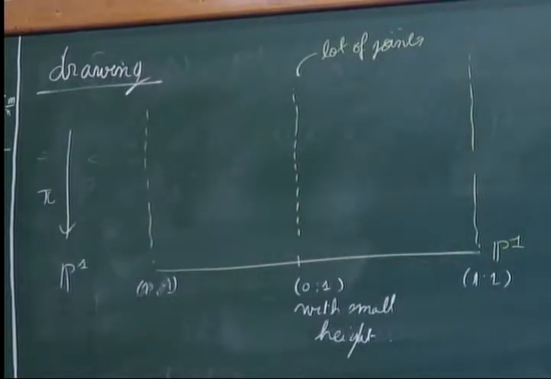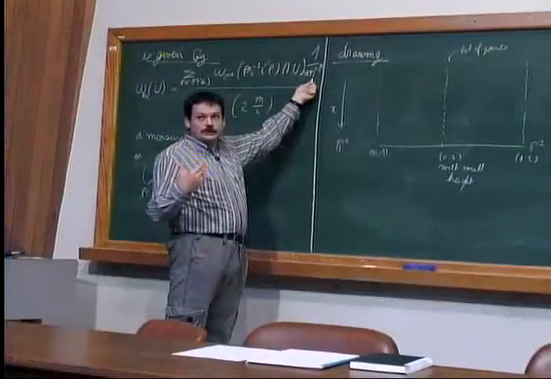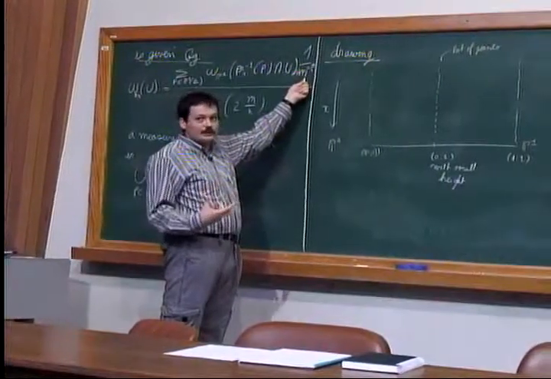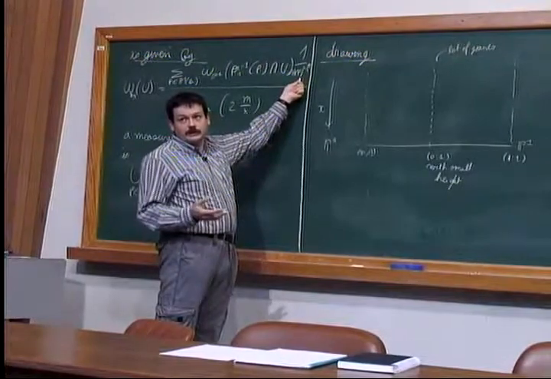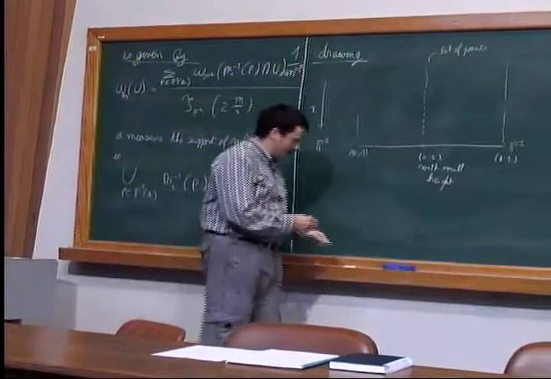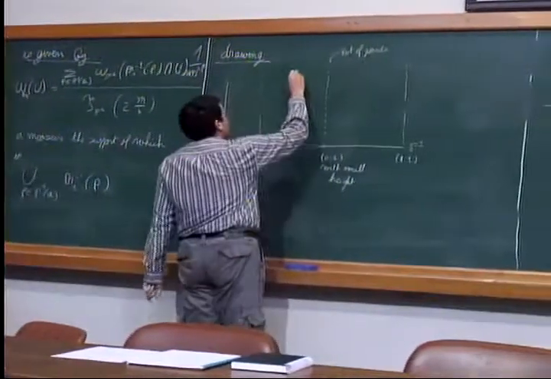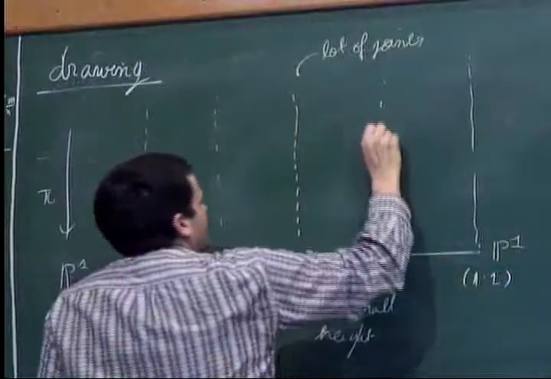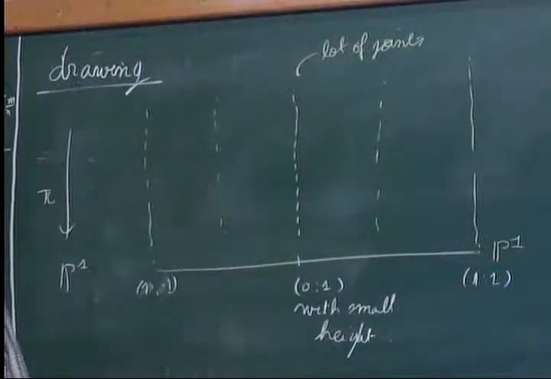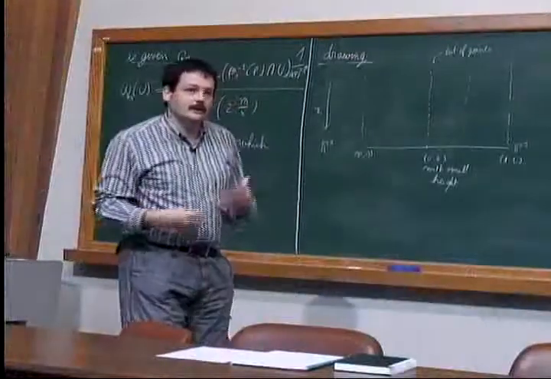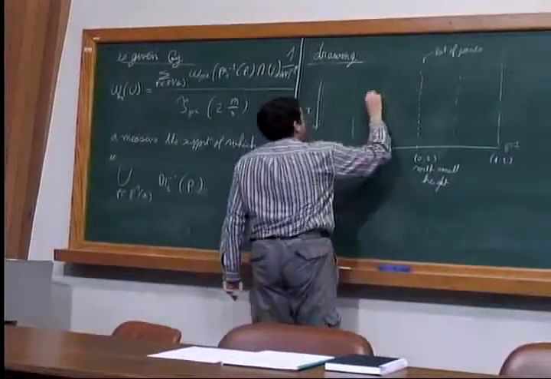But as soon as you look at points with bigger height, then the coefficient you get here is smaller, and it is quickly very small, since in fact the sum is converging. So after that, you get vertical lines, fibers, with less points. And very quickly, you have very few points.